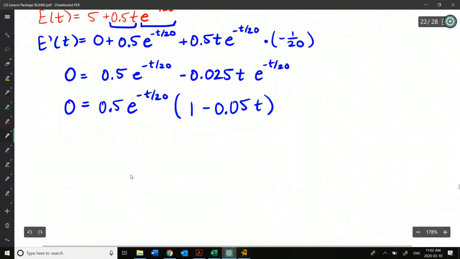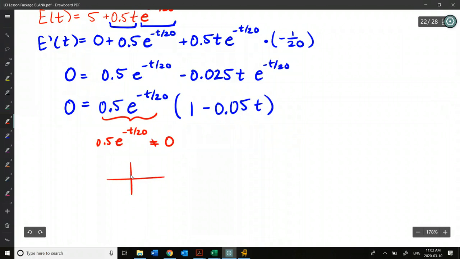Okay, so this part of the equation, is this ever going to equal 0? Basically we just have a function that's below the x-axis, so there's still an asymptote here, and it's more like this. So this is never going to equal 0.